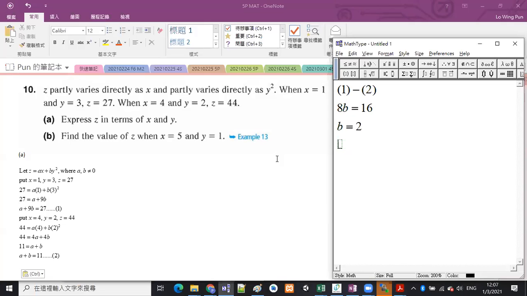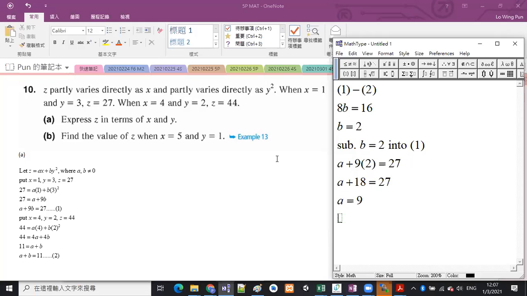Okay, when we have b, we can substitute the value of b into equation 1. Okay, so a plus 9 times b is equal to 27. So a plus 18 is 27, which means that a is equal to 9.